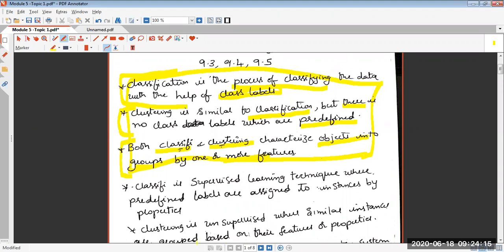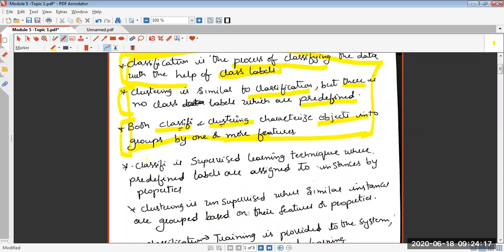That is what you can see in the next point. Why is it supervised? Because you are giving the label. You are telling what is class A, what is class B. That is why it is called supervised. In clustering, since you are not telling the class names, it is unsupervised.